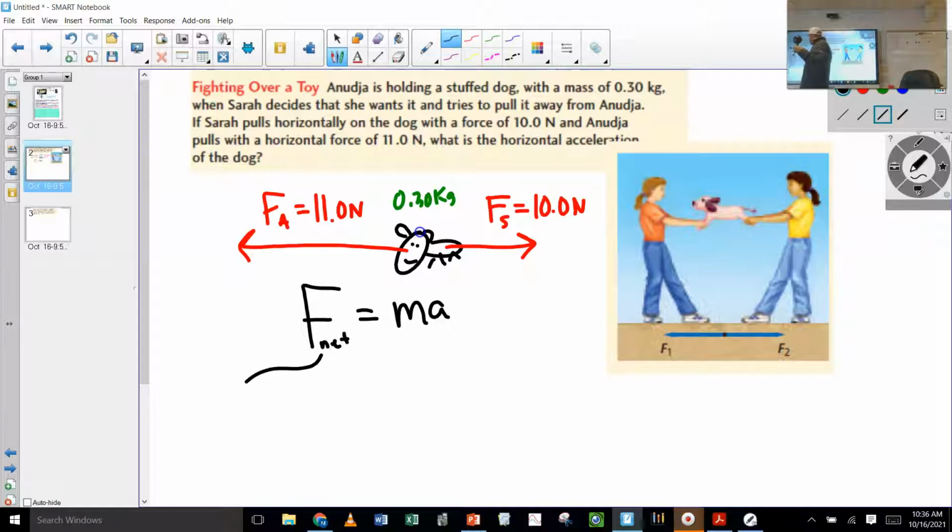And remember, the net force is all the forces. So all of the forces, I have to say which direction is positive. I'm going to make to the right positive. So I've got a positive 10 and a negative 11.